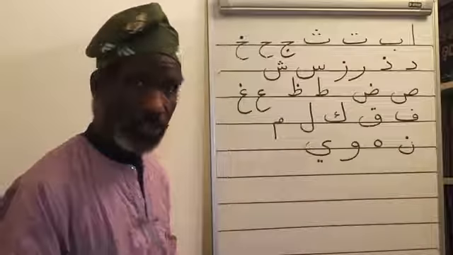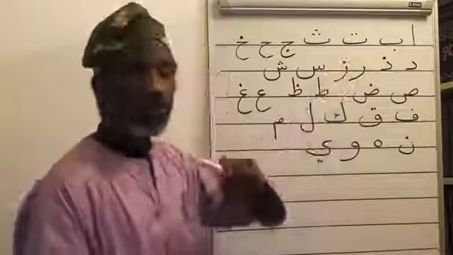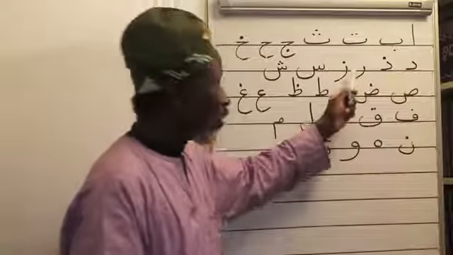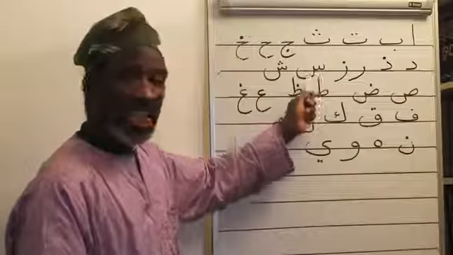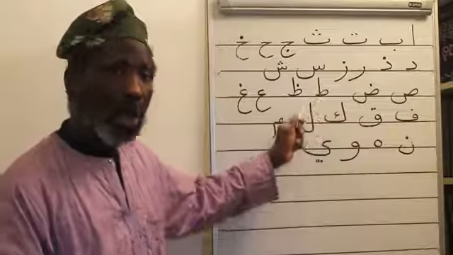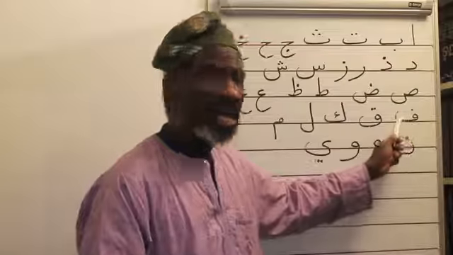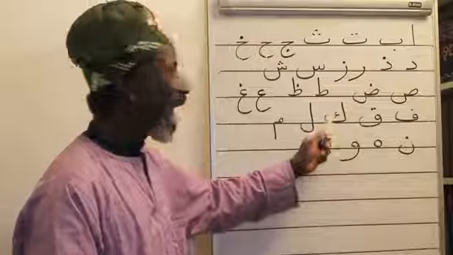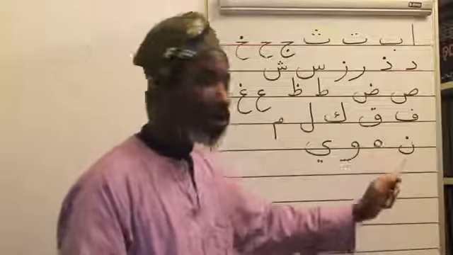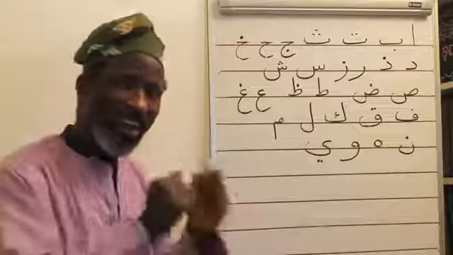Now, together, let's read: Alif, Ba, Ta, Tha, Jim, Ha, Kha, Dal, Zal, Ra, Zain, Sin, Shin, Sad, Dad, Ta, Dha, Ain, Ghain, Fa, Qaf, Kaf, Lam, Mim, Noon, Ha, Waw, Ya.